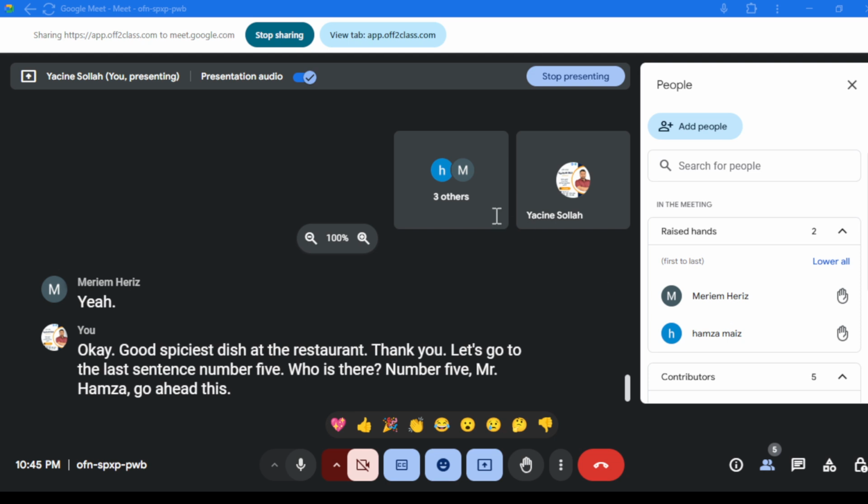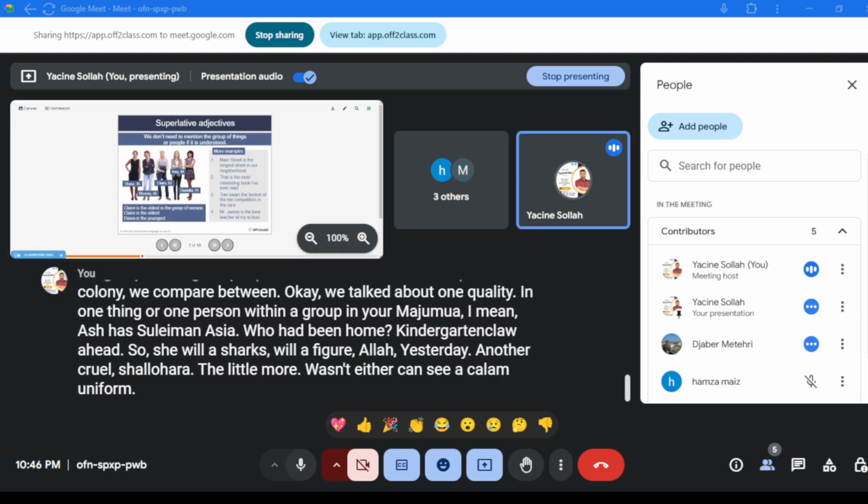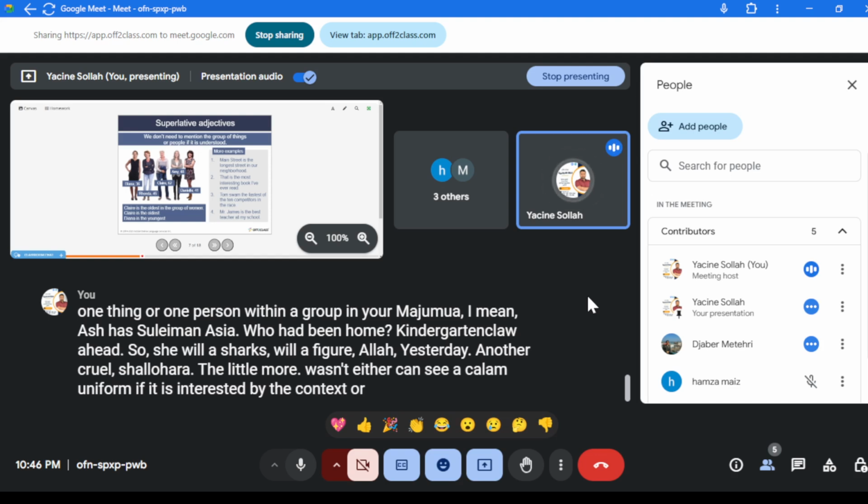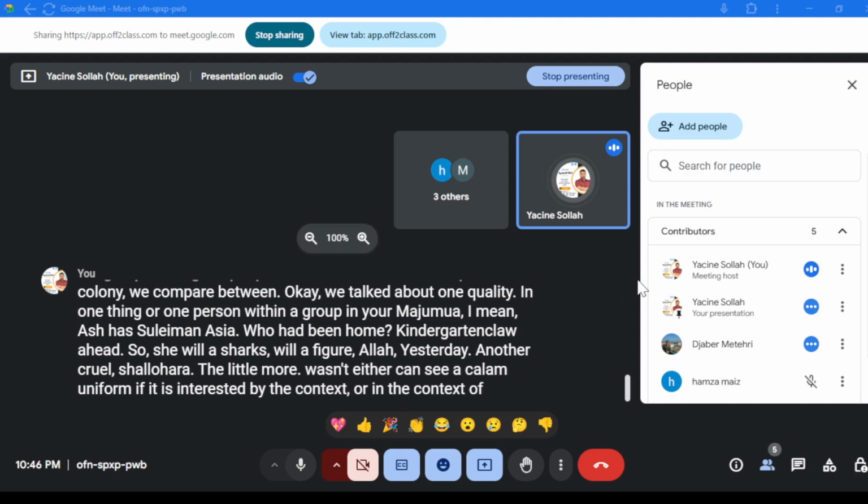In the superlative we compare, we talk about one quality in one thing or one person within a group, whether a thing, a person or an idea. It doesn't require us to mention the other things in that group, especially if the context is understood, in the context of speaking or discussion. Let's take some examples to understand.